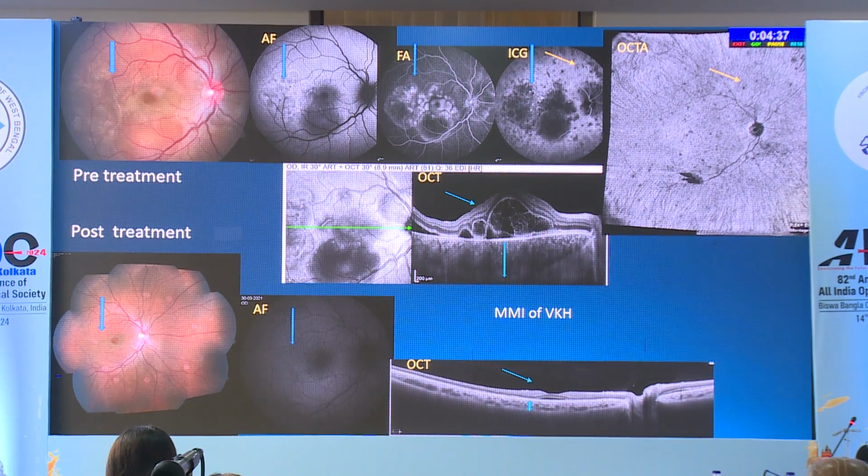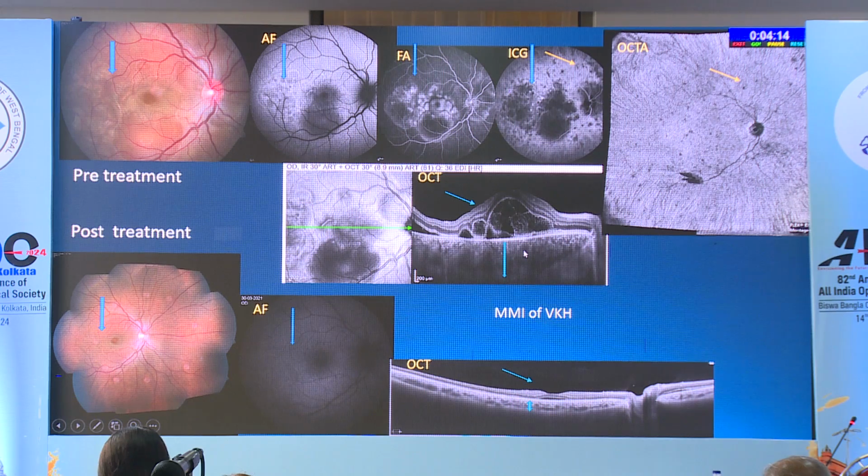The multimodal imaging in VKH is also very useful, not only in the diagnosis but also in the follow-up of the disease. You can see the hyperautofluorescence in the active disease, which normalizes after treatment. And the hypofluorescent dark dots on ICG co-localize very well with the flow voids on OCTA.